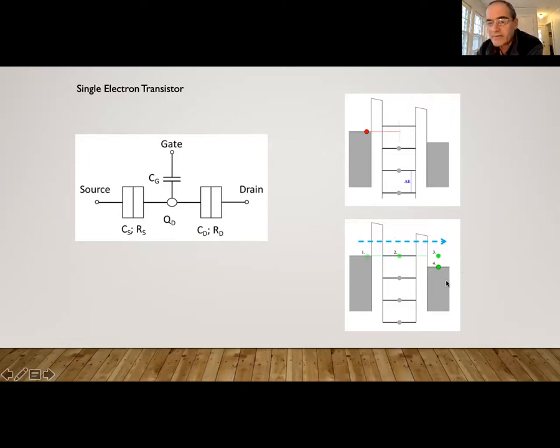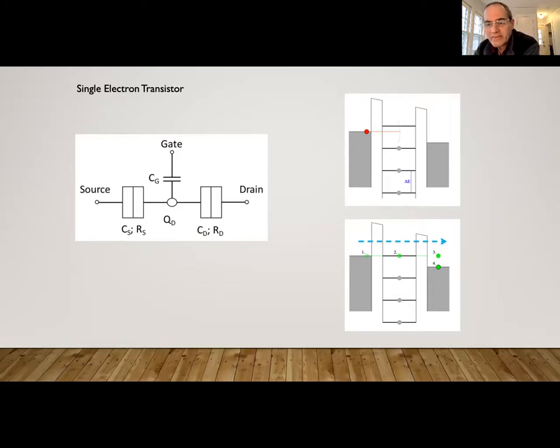And then it can tunnel off as well, okay? Notice something interesting though. We get this flow of current, but it has to be one electron at a time. Once an electron tunnels on, no more electrons can tunnel on until this one tunnels off. So in that sense, also, this is a single electron transistor.